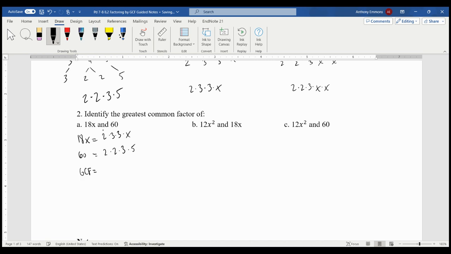So I'm able to see that they each have a factor of 2, and they each have a factor of 3, making the GCF 6.